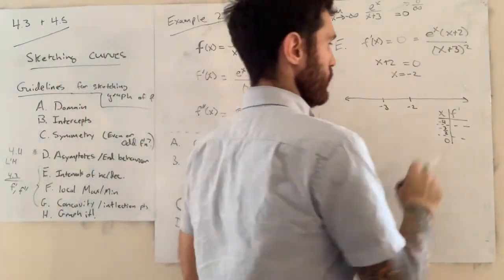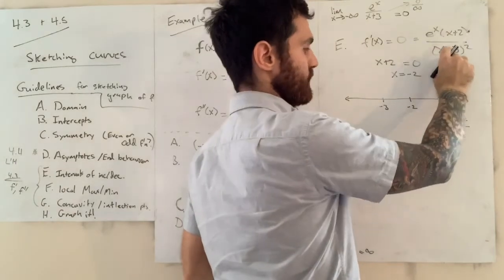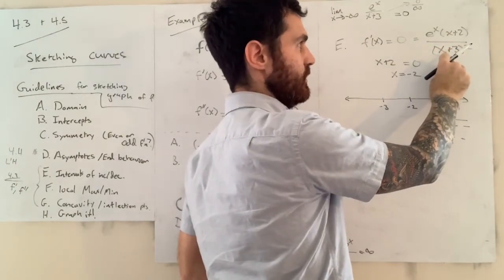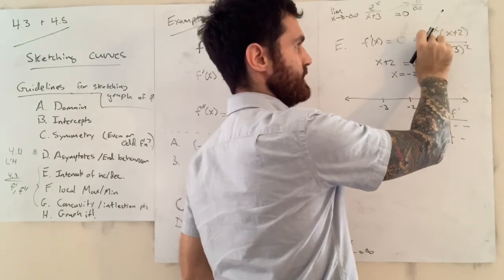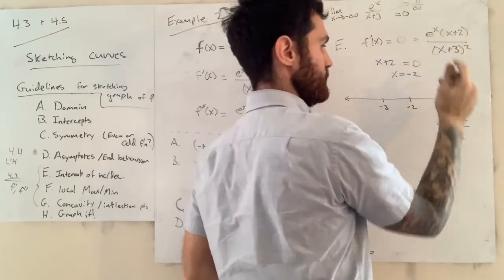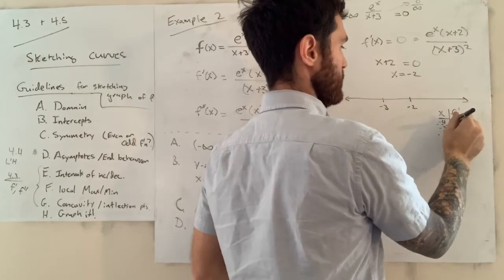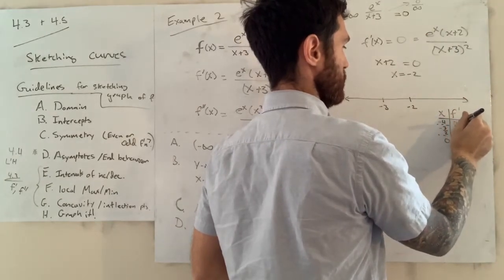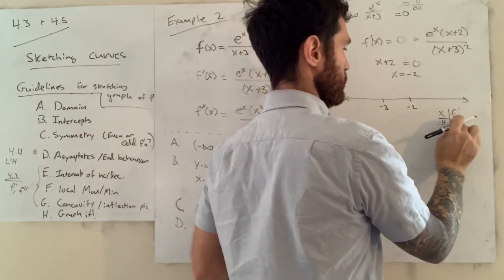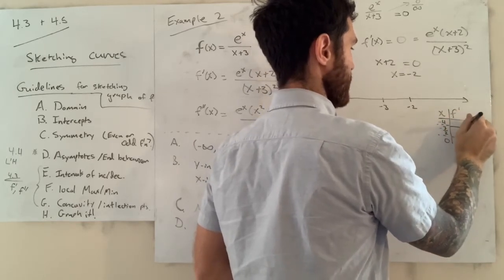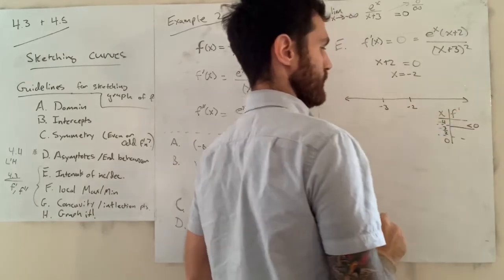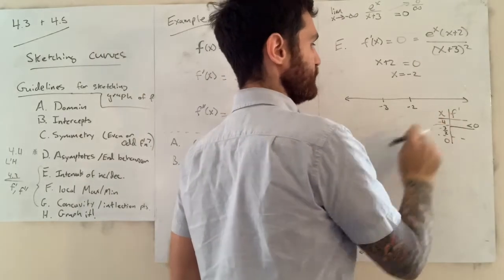Well, let's just do a double check. The bottom is going to be positive. This one's going to be negative. And this is always going to be positive. So you're going to get less than 0. So this is going to be smaller than 0. That's how you want to indicate it.